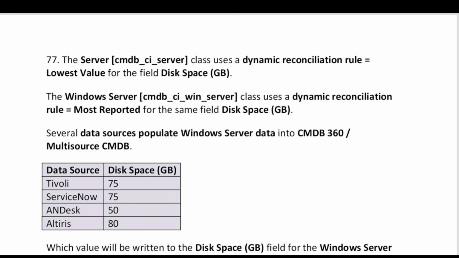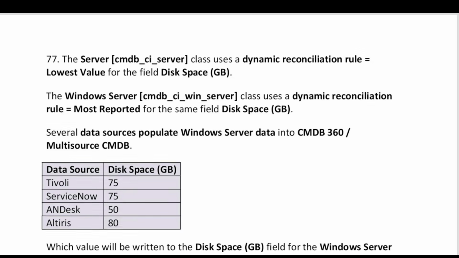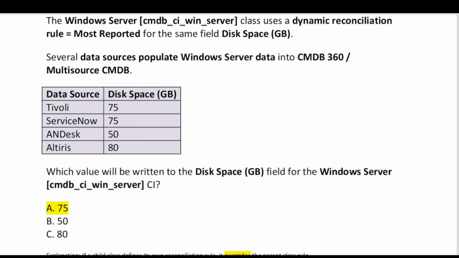Several data sources populate Windows Server data into CMDB 360 multi-source CMDB. Now see the table. Which value will be written to the disk space in GB field for the Windows Server within bracket cmdb_ci_win_server CI? Option A 75, option B 50, option C 80. Correct answer is option A.